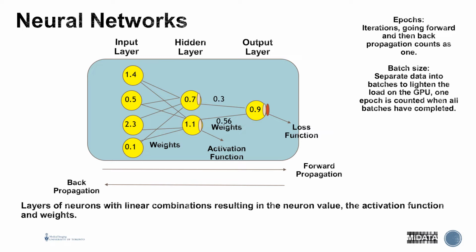Basically, your batch size is used to separate the data into smaller units to reduce the load on your GPU. And in this case, one epoch is counted when all the batches have completed, and then you have a whole bunch of epochs to move forward and improve your model.